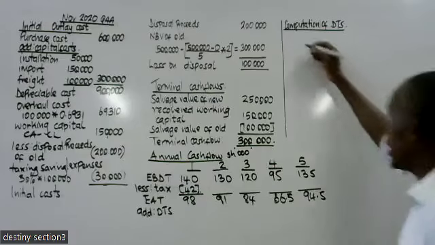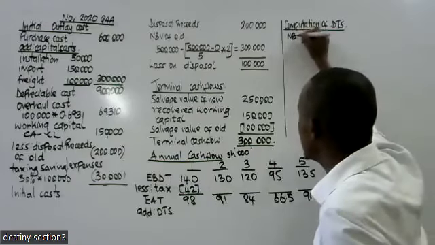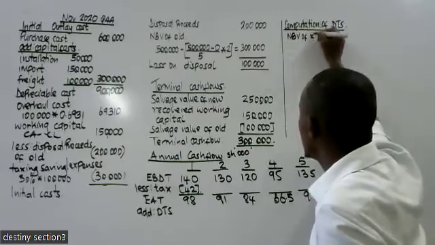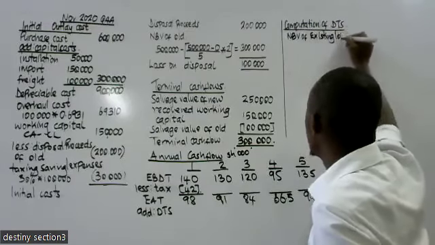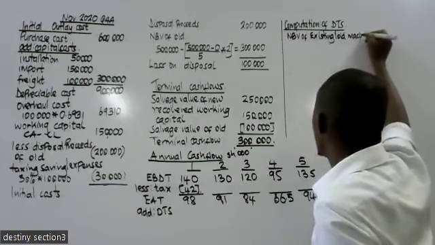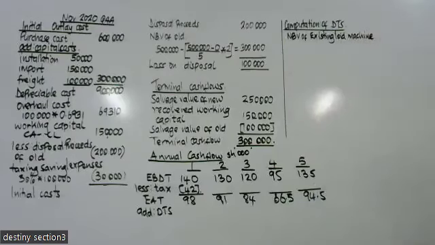So we get the net book value of the existing, or old, asset. So we ask ourselves, what is the accumulated depreciation of that machine?